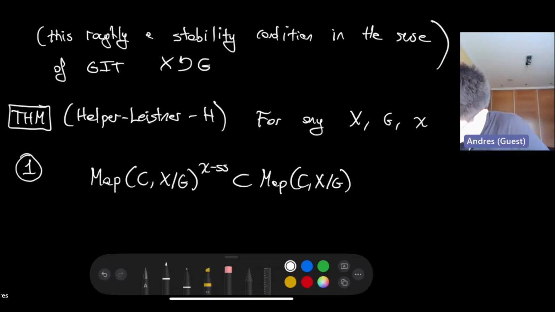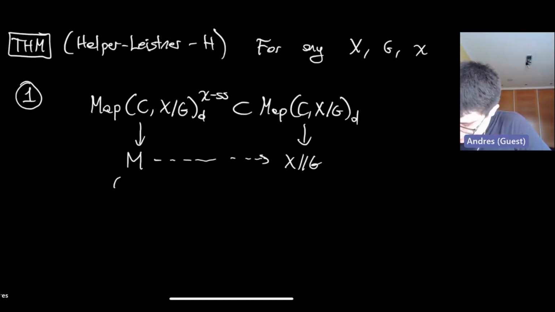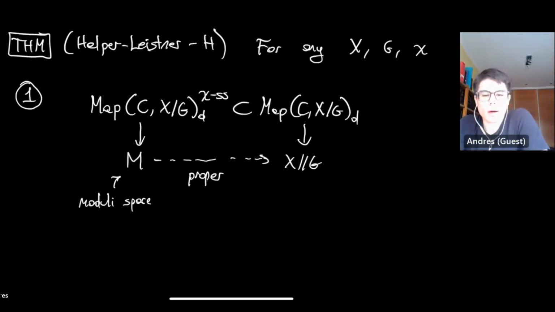Let's do this like this. This is going to admit a moduli space, and it's better if you fix the degree generally. So this is going to have a moduli space, and it's going to have this proper morphism into this affine quotient.